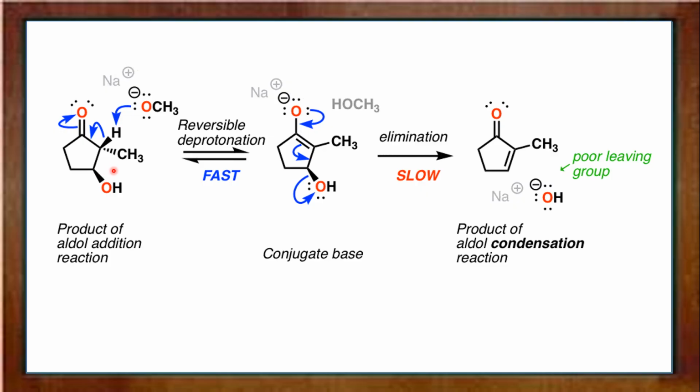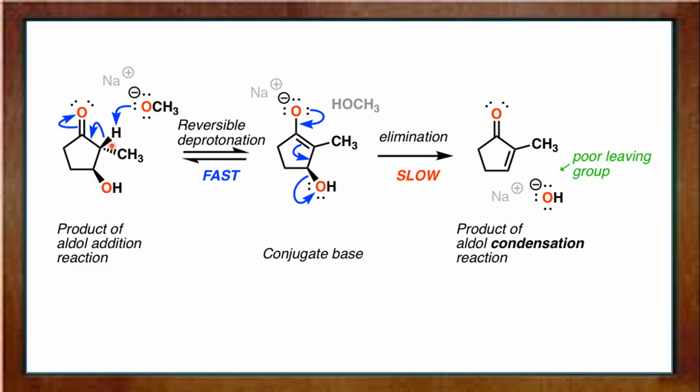But here in the E1CB mechanism, to explain the reaction mechanism, we consider the carbon to which the nucleophilic leaving group is connected as the alpha carbon, and the next carbon is beta. So from the beta carbon, the base removes a proton.